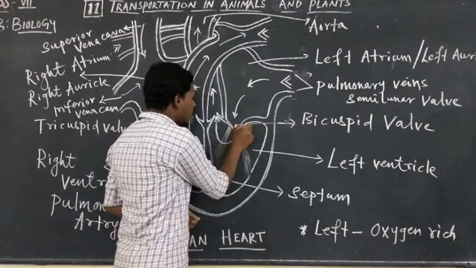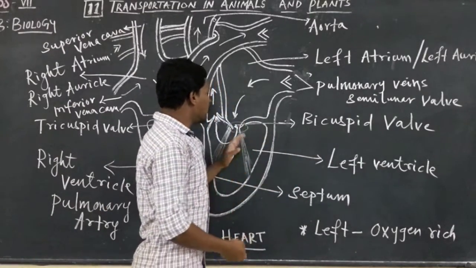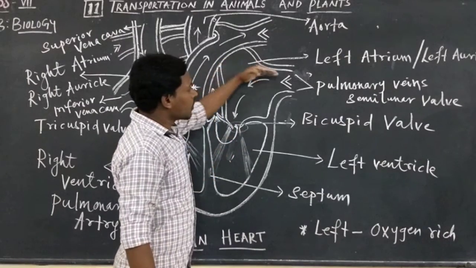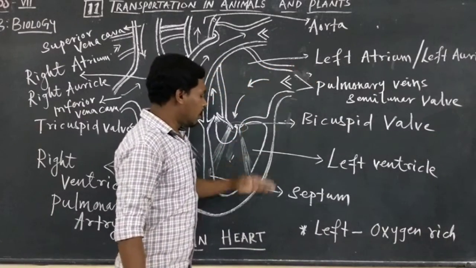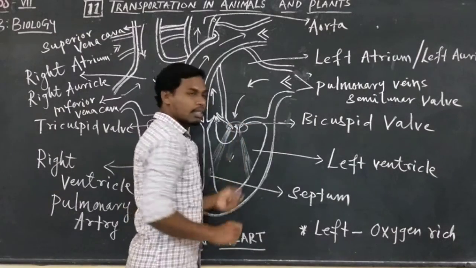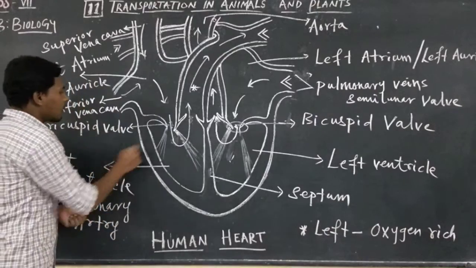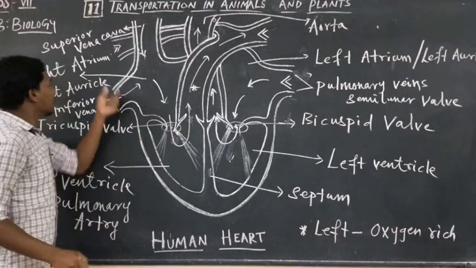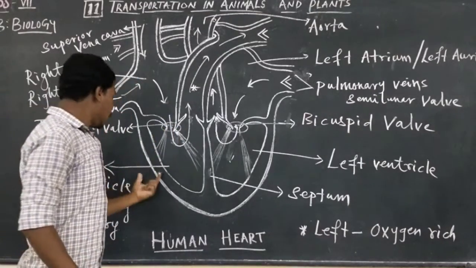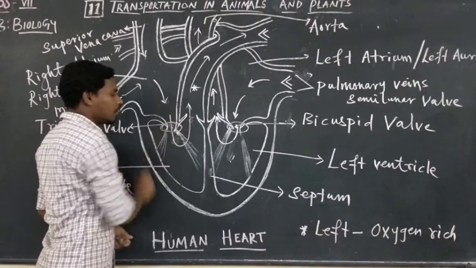It is the valve. The valve present between the left atrium and left ventricle is the bicuspid valve, and the valve present between the right atrium and right ventricle is the tricuspid valve.